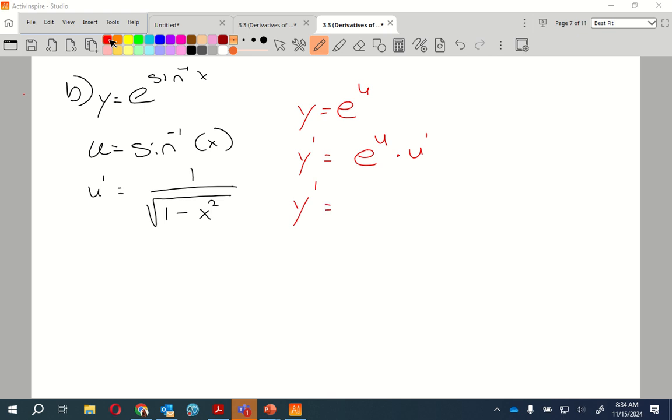So that's going to be e to my u value, inverse sine of x, times my u prime, which is going to be my 1 over.